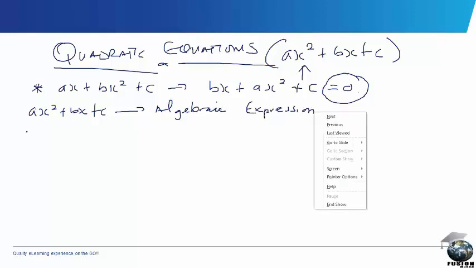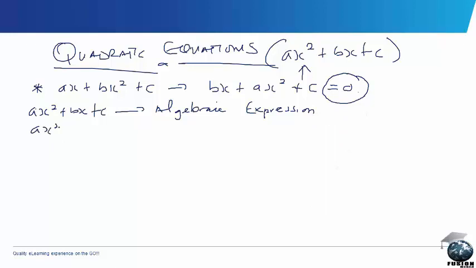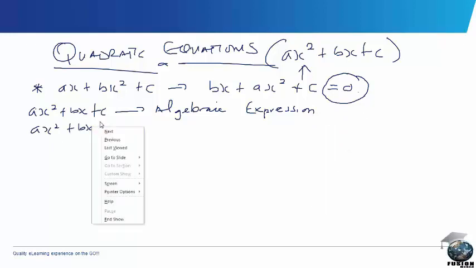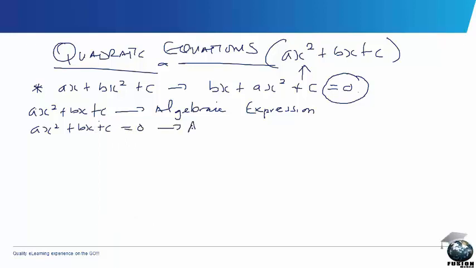But for it to be an equation, it must be ax squared plus bx plus c equal to 0. Okay, this makes it an equation.